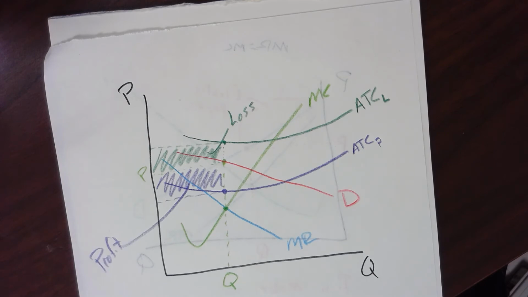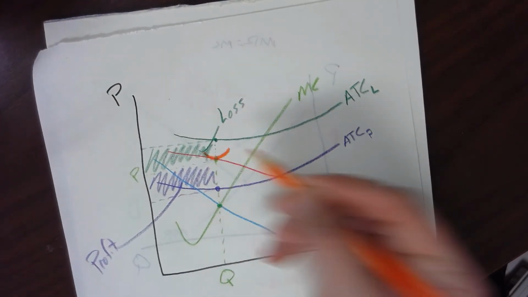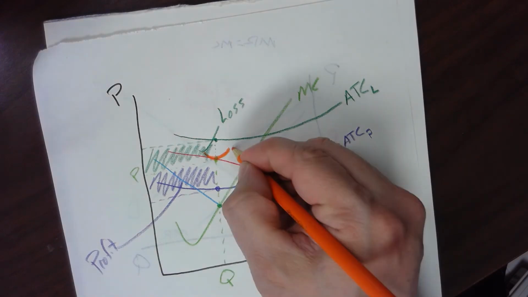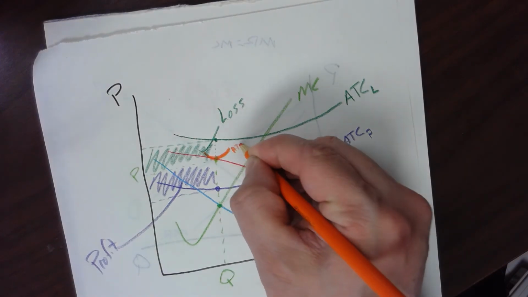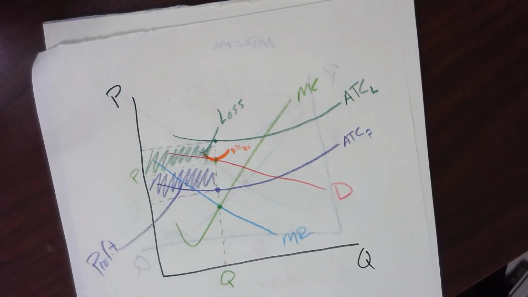You need to draw it out on two separate graphs. So you could have a loss, you could have a profit, and you could actually have a break-even point as well, and that would simply be your ATC curve would intersect where the price quantity combination is on demand. So this would be ATC break even, or an equilibrium situation.